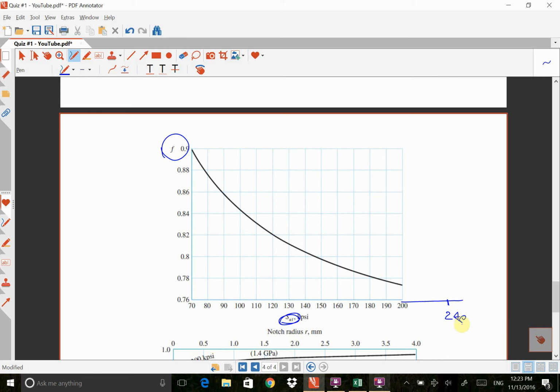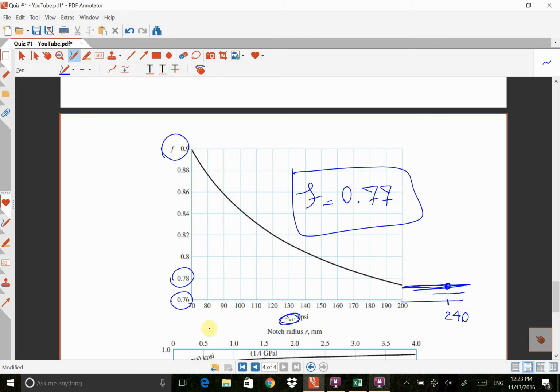There are two different methods to read F. One of them is we can just make a straight line because we don't have the graph, and read this number, or we can continue that line and read the number. But in either case, whatever you read will be between these two numbers. So you can't say that is 76%, and you cannot say that is 78, because this is 78%. So for example, in this case, F is something like 77%.